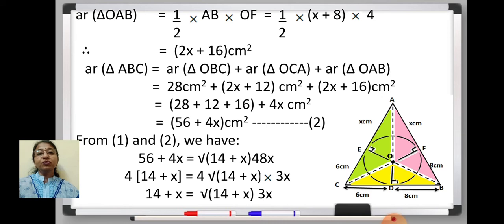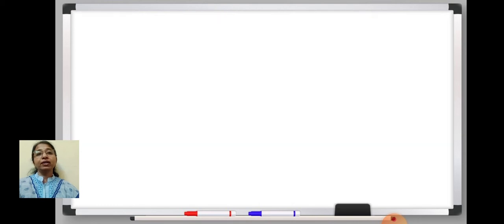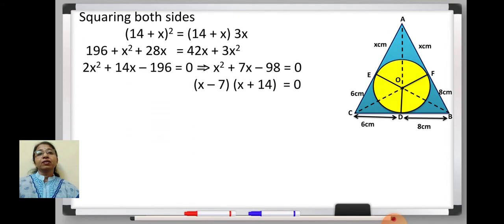Now to remove this root sign, we have to take the square on both the sides. So on squaring, left hand side 14 plus x the whole square is equal to right hand side, that root sign will go off and you will remain with 14 plus x into 3x.